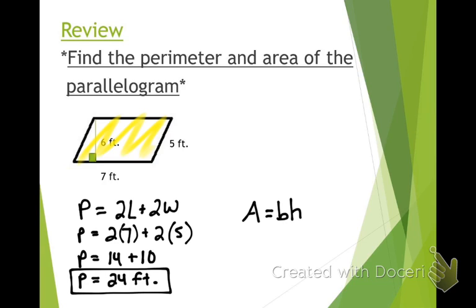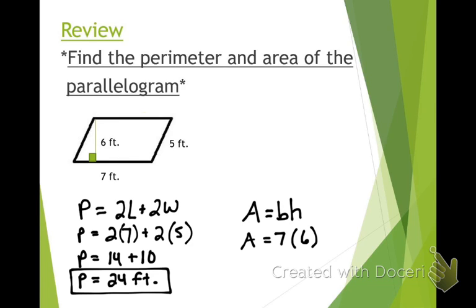Base times height. Everyone say the formula together. Area equals base times height, okay? I'm trying to find the area, so drop that down. What's my base, guys? 7. What's my height? 6 feet. Remember that height is always going to be what we have here that is forming the right angle inside the shape, okay?